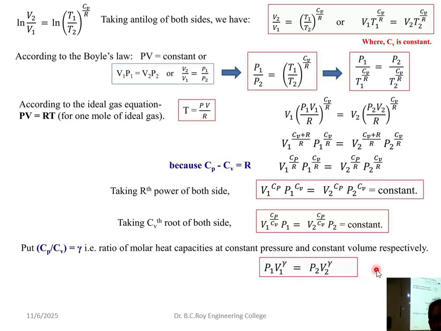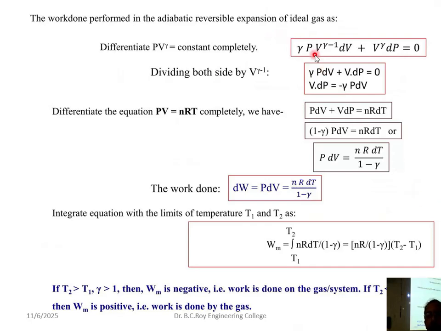Based on that, the next thing that we will do is here. PV to the power gamma equal to constant. If we differentiate both sides, constant, what do you get? 0.